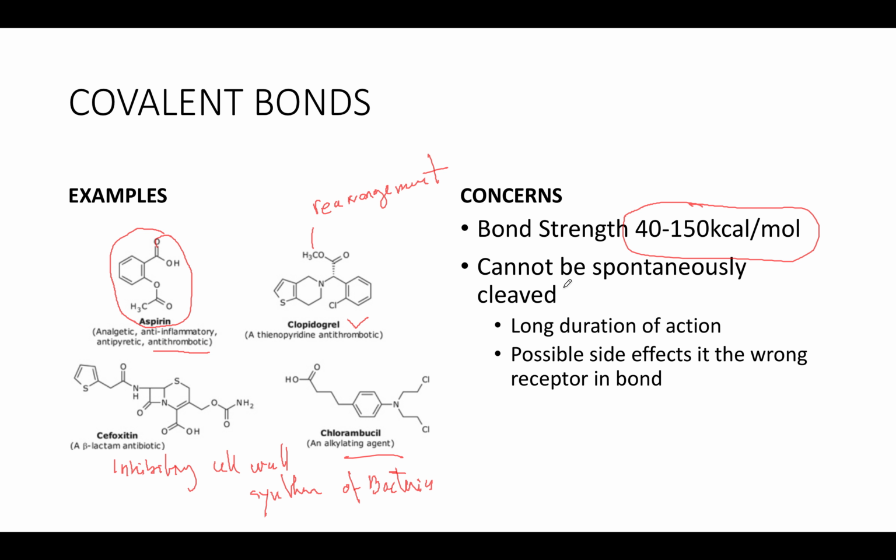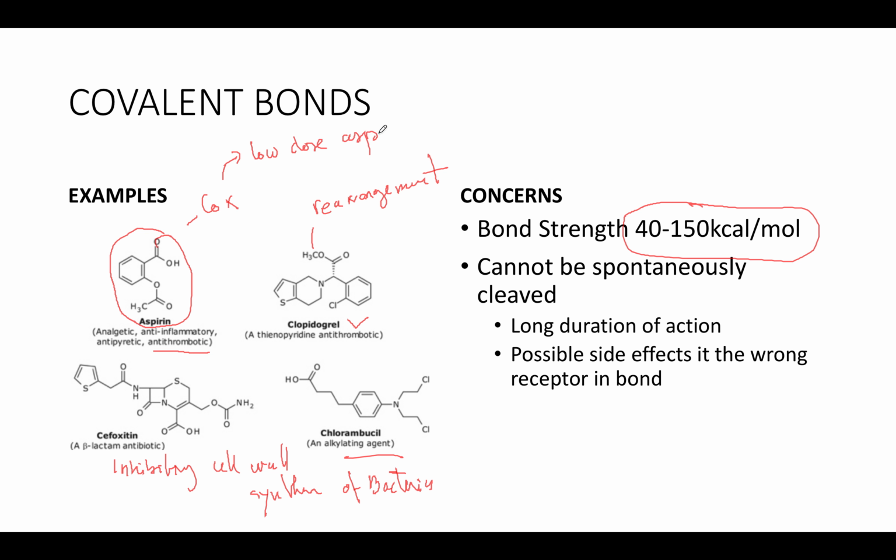And so let's take, for instance, the example of aspirin. Aspirin is a good drug. It's going to irreversibly bind the COX enzyme, and the COX enzyme is a cyclooxygenase enzyme. And so a lot of people are on low dose aspirin.